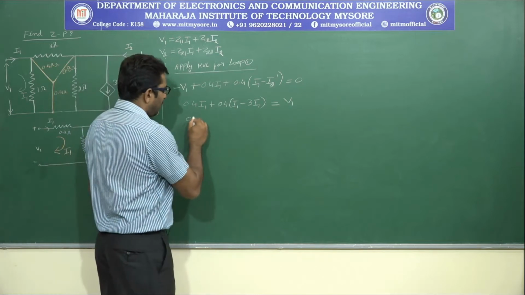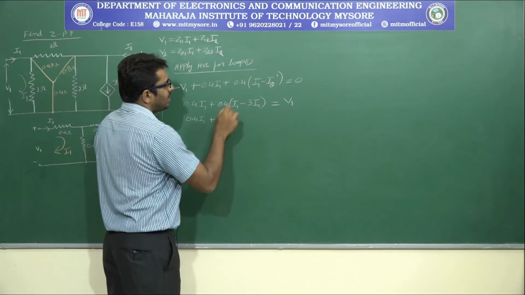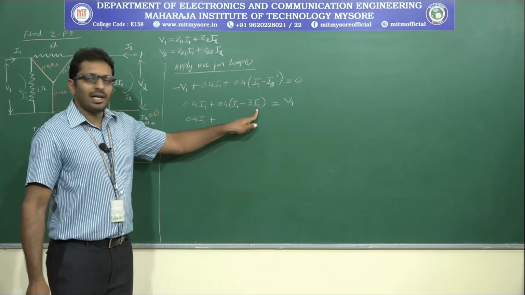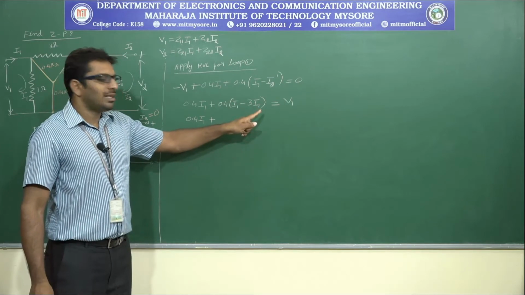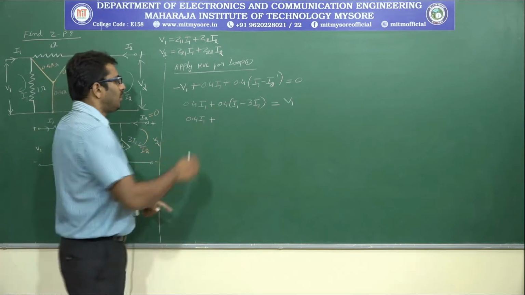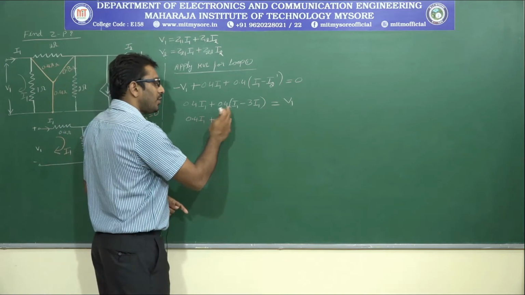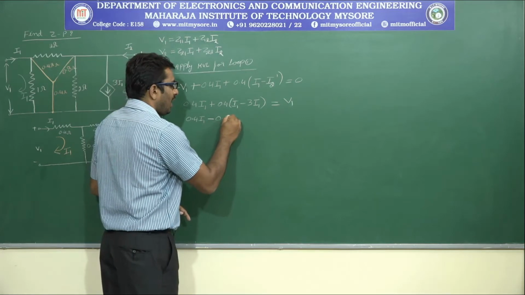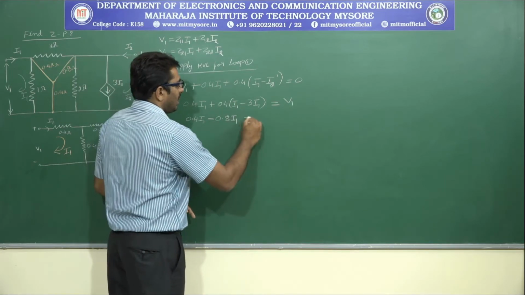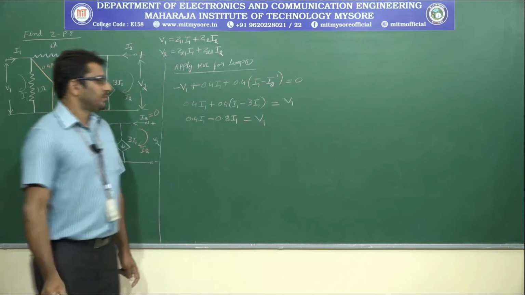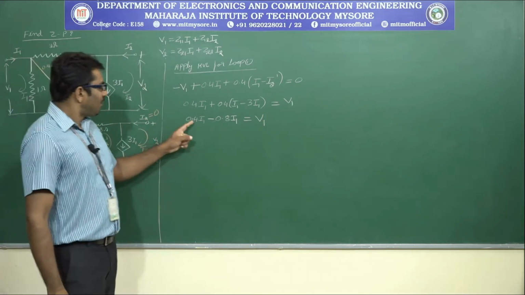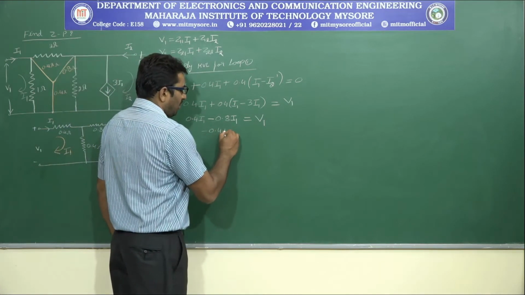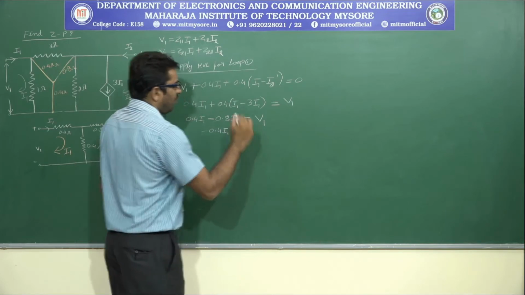Now, 0.4 I1 plus I1 minus 3I1, because both are the same variable, I1 and I1: 1I1 minus 3I1 is minus 2I1. So minus 2 into 0.4, 0.8, gives minus 0.8 I1 is equal to V1. Is that clear? Now, 0.4 I1 minus 0.8 I1 becomes minus 0.4 I1, that is equal to V1.